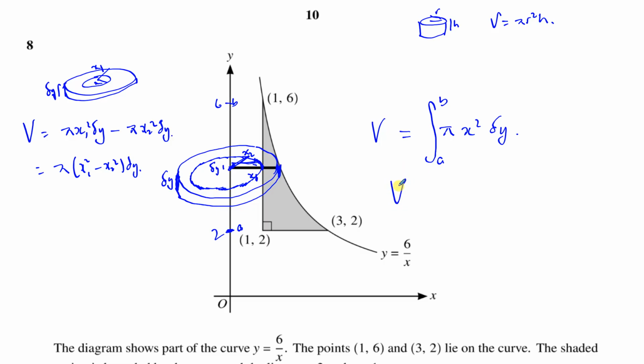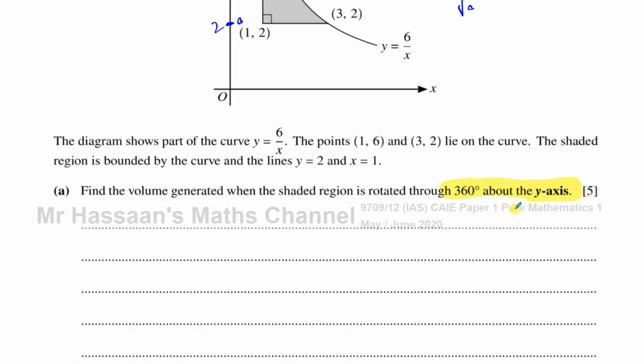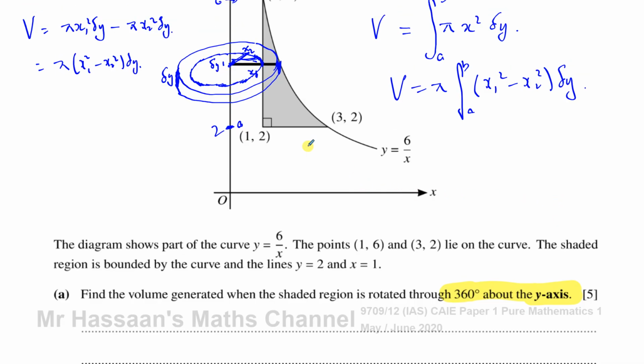So the volume, if there's a bit missing, is going to be, I'll write the pi on the outside, between B and A of x1 squared minus x2 squared dy. So that would be the volume of something like this.